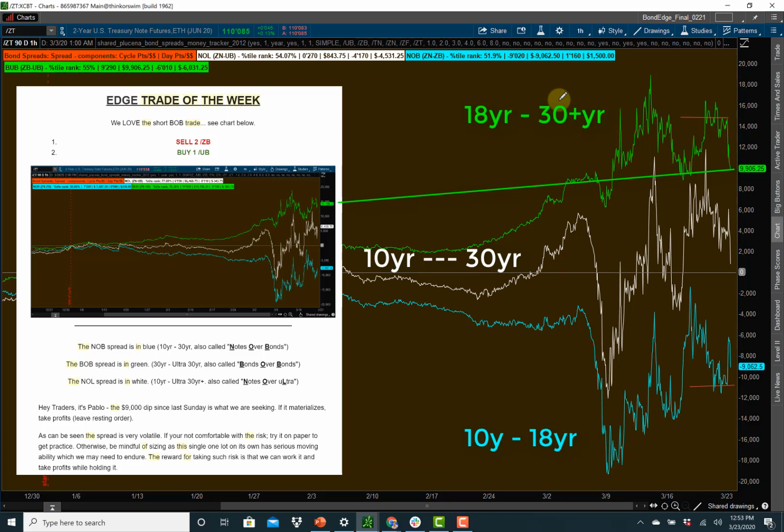We weren't short. It's just a way to look at the value of the spread. If you sell it at $14,000 and right now you buy it back at $9,900, you would make $5,000, or whatever the difference is right there. So for us, the trade that we shared is get short that green line.